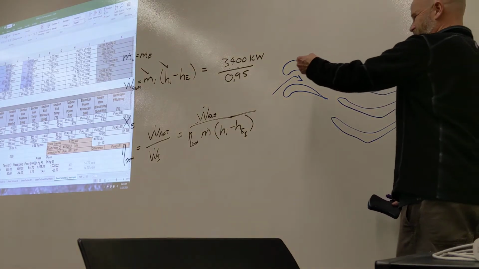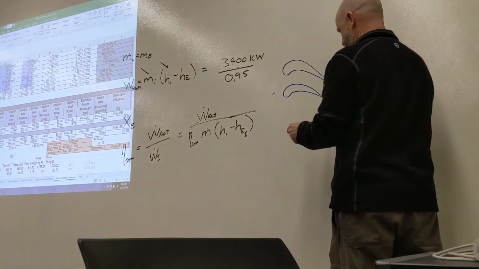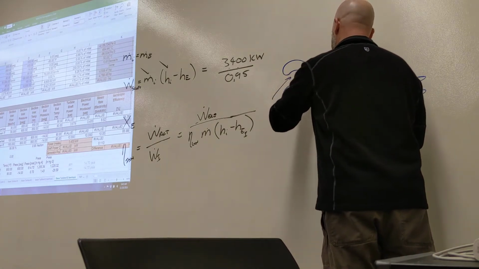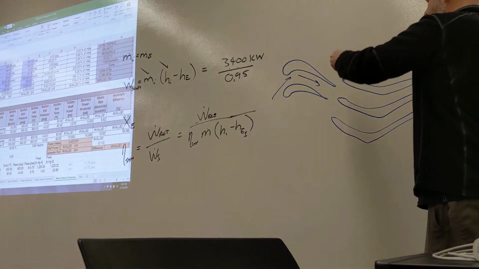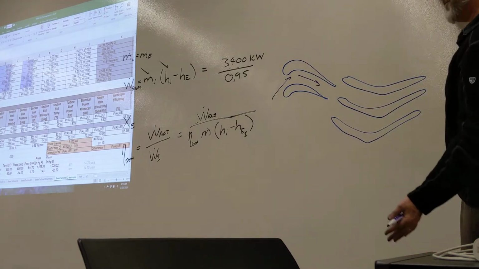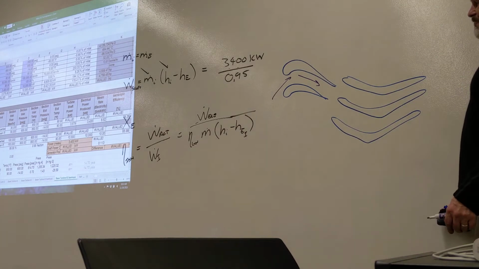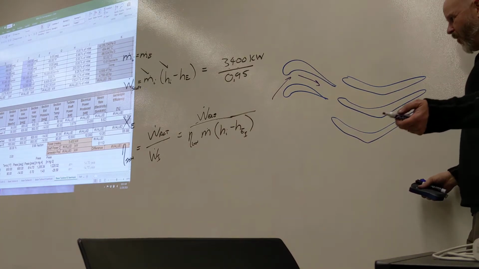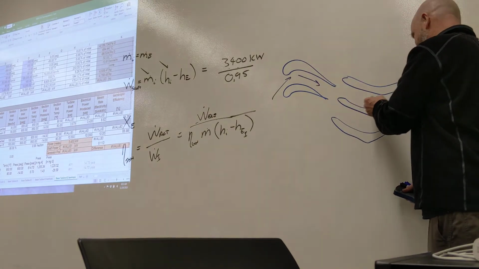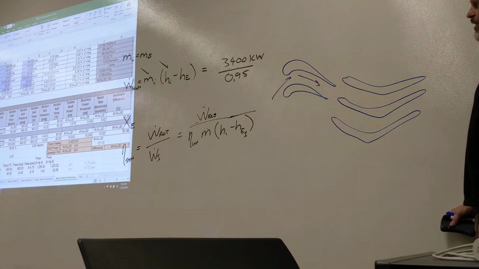Steam's coming in to a stationary set of nozzles, getting accelerated and redirected so that it hits this set of blades. These blades are on a wheel that can rotate, and there's an infinite number of them, because they're on a wheel, keeps going around. What we want is a high velocity jet of steam that comes in, hits this blade, turns, goes the other way, causes a force, makes this thing move.